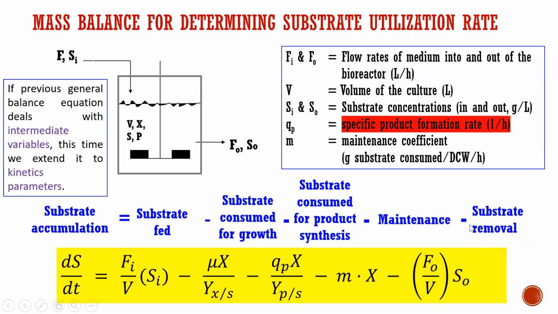Conversion, in this case, is the substrate that you consume, so that's why it's negative. Can you see that relationship? Accumulation equals transport plus bioconversion. Then you try to be more specific and elaborate it into this. I hope you are clear with that.